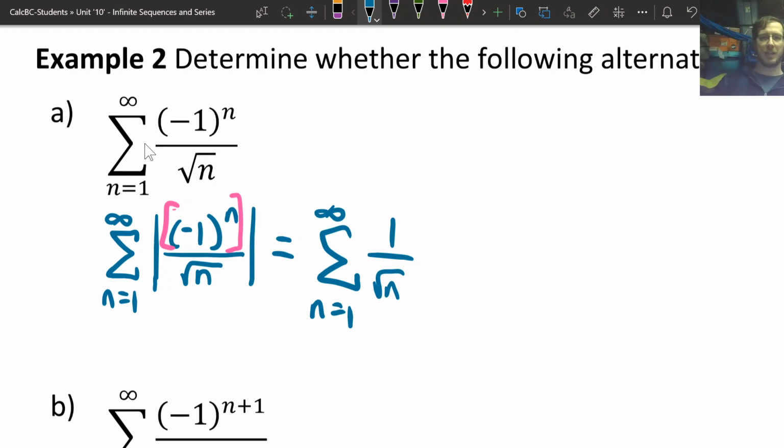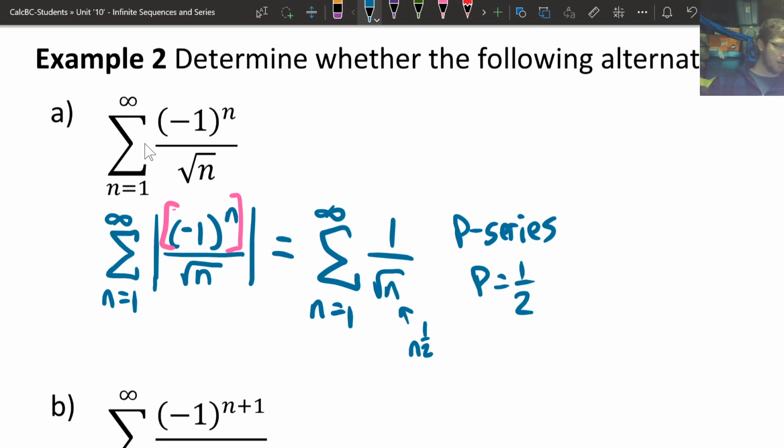Root n is the same as n to the 1/2. So that looks like a p-series to me. Then let's see, what is our p? Our p is 1/2.